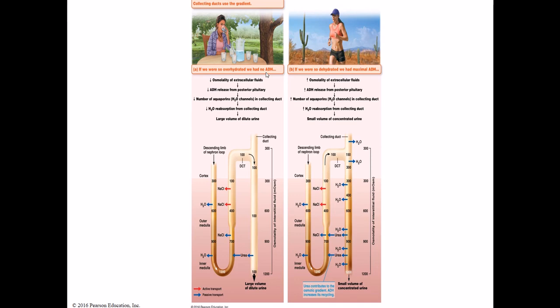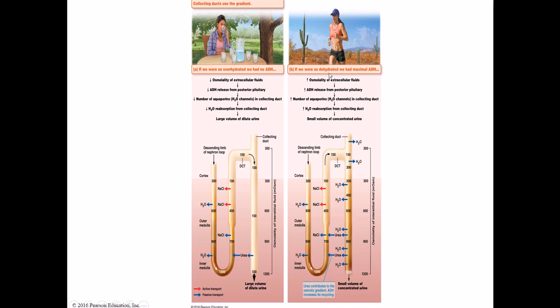You're diluting your body fluids because you're providing so much water to your body. That prevents ADH from being released by the posterior pituitary and decreases the amount of aquaporins, water channels, that we find in the collecting ducts, which means less water is reabsorbed by the collecting ducts, so more water remains in your urine, and you get this large volume of very pale yellow, very dilute urine.